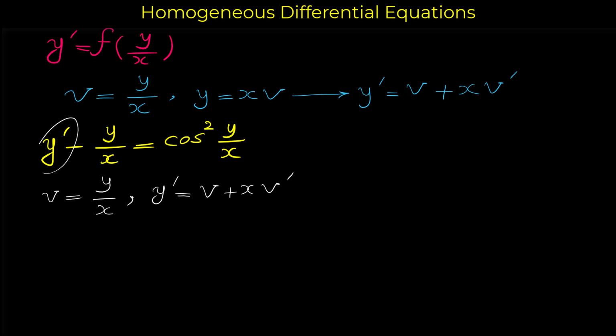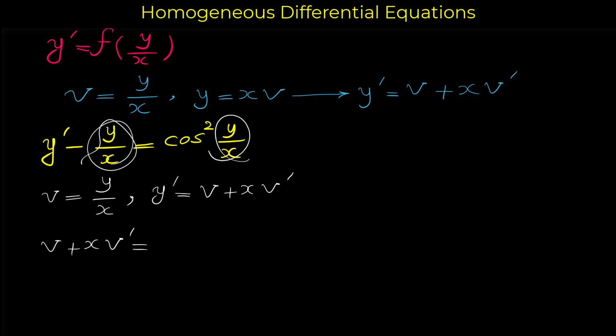So we can replace this y prime here with v plus x v prime, and we can replace every y over x with v. We supposed y over x to be v, so we replace these y over x here and here with v.